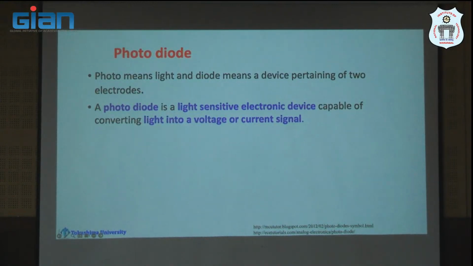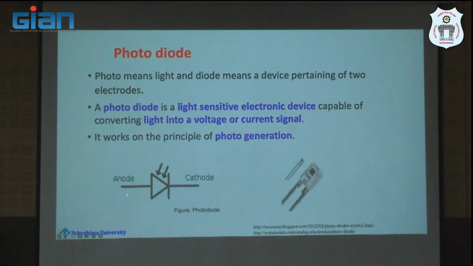You put light on the diode and see the performance, what kind of change it shows in the electric signal. In a normal diode you have an anode and cathode, but after having the light, it can sense and absorb this light, and this light signal is converted into voltage and current.